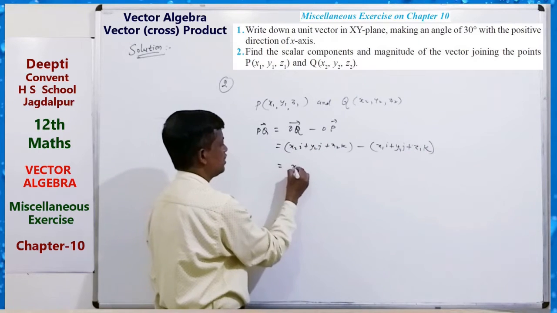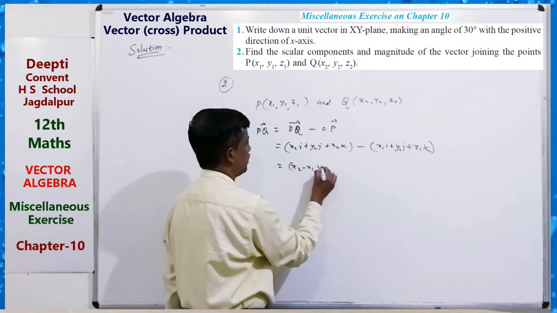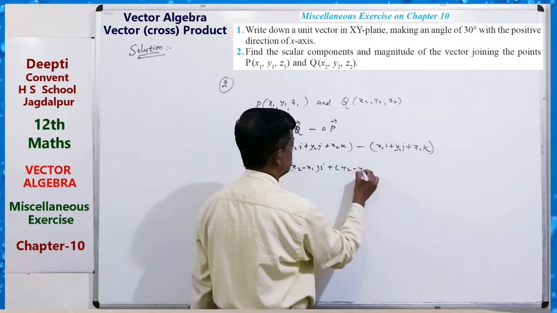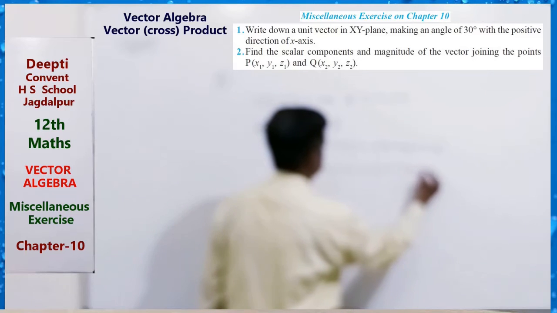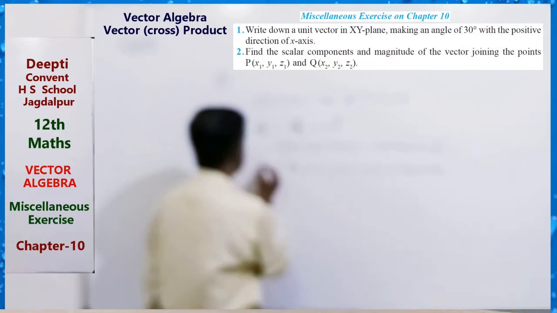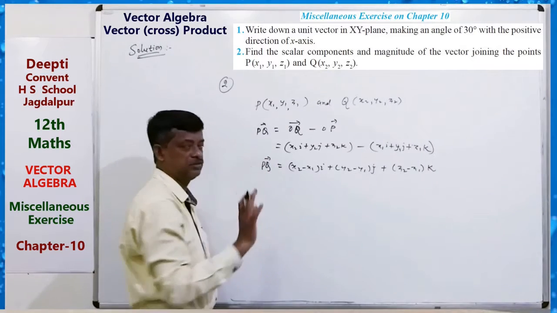So we can write x2 minus x1 I, y2 minus y1 j, z2 minus z1 k. This is the joining vector.